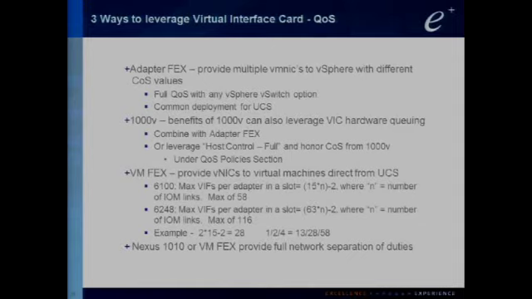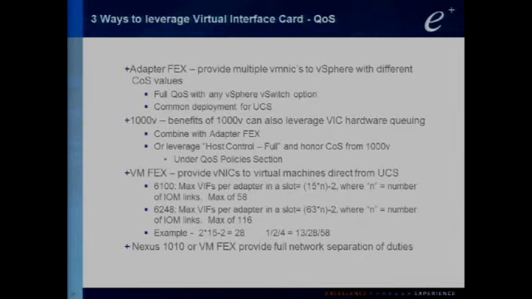So with Cisco, one of the things I find slightly confusing is that this whole VIC card can be used many, many different ways. I can't tell you which way to use it. I can tell you the most popular I've seen right now is what I refer to as adapter FEX. That's the design I'll show you next. But that's basically you're presenting vmnics to ESX and setting quality of service there at the port group or vSwitch level.